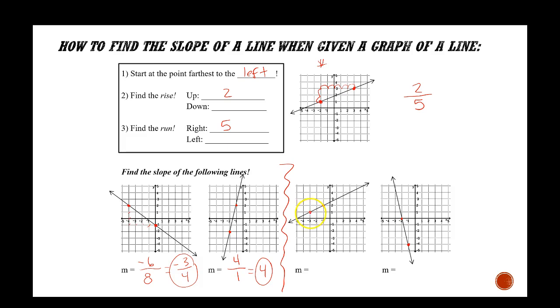So for this third one, my slope would be up 1, that's positive, to the right 2, that's 1/2. For the last one, I go down 1, 2, 3, 4, that's a -4, and I go to the right 1, so that would just be a -4.